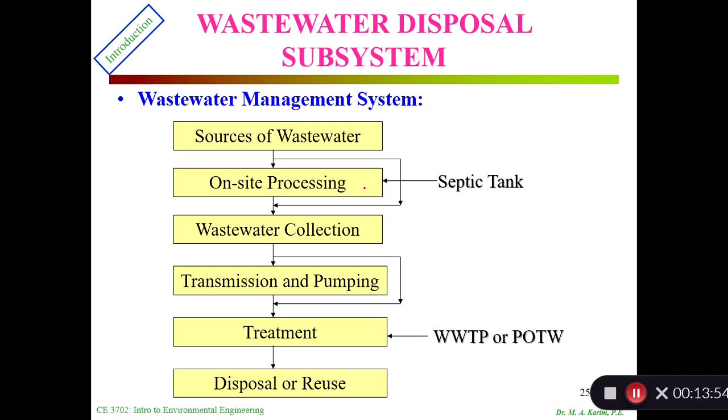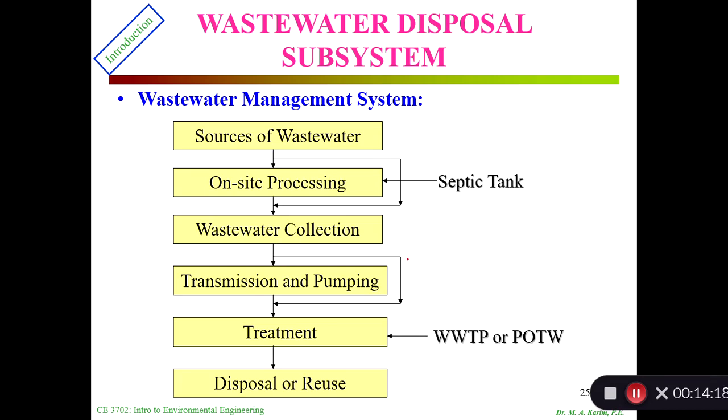Okay, here is the wastewater management system. It shows a flow chart basically. This is the source where it's coming from. Then it goes to on-site processing, meaning a septic tank, where a sewer line connection is not there. If we don't have a septic tank, then directly from here it goes to the wastewater collection system. Then through transmission and pumping, if we have it.